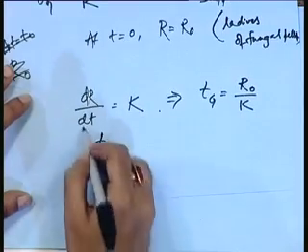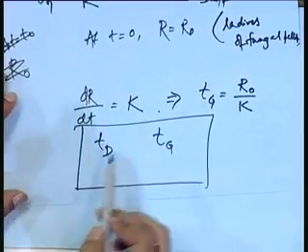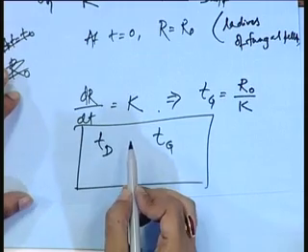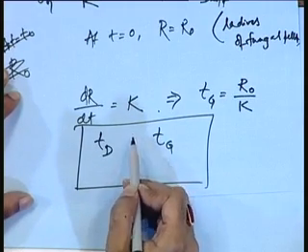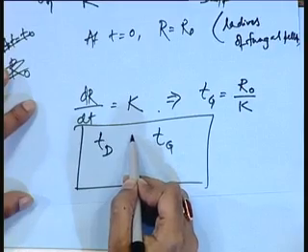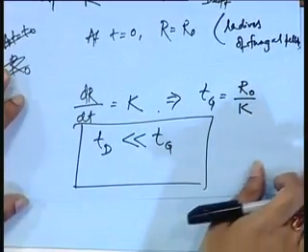So what I need is that the diffusion time scale Td, what is the relation between the diffusion time scale and the growth time scale Tg over here? Td should be much smaller than Tg.